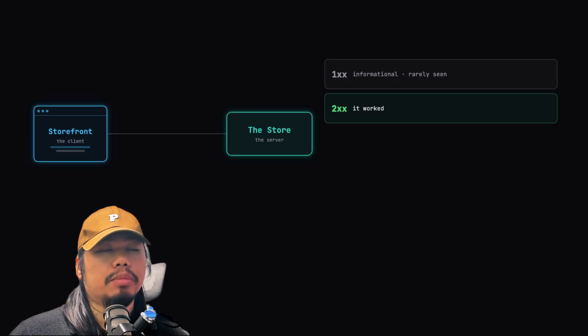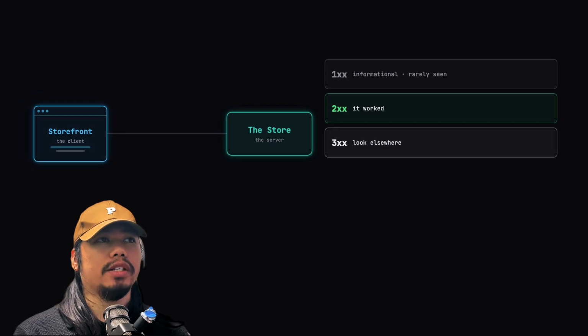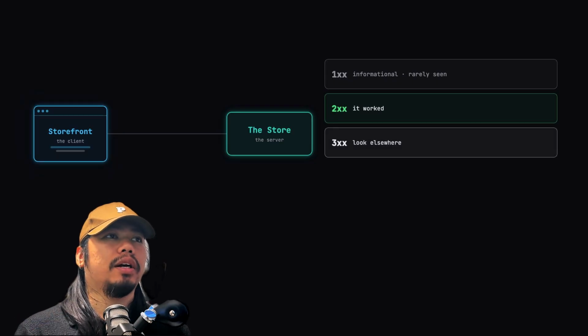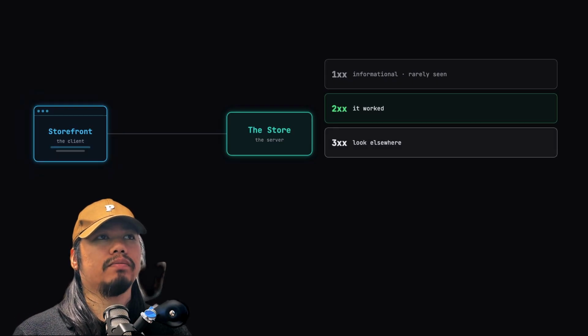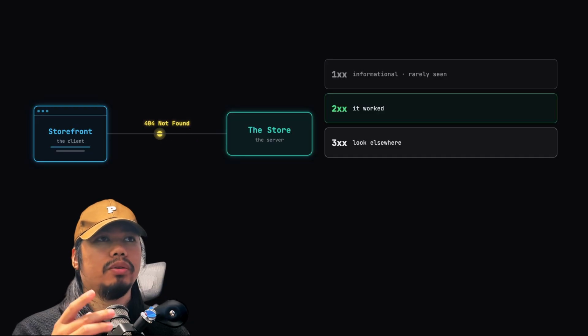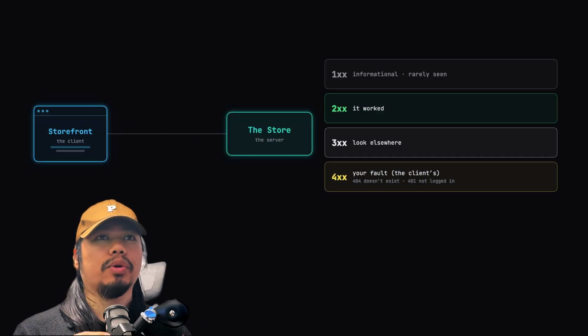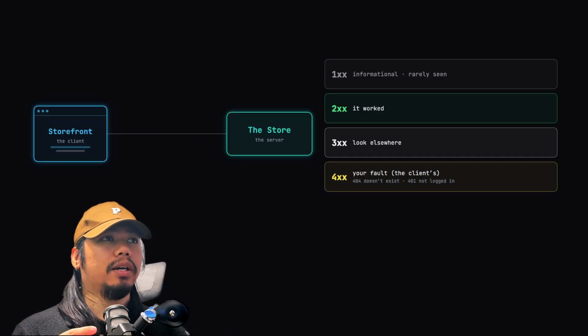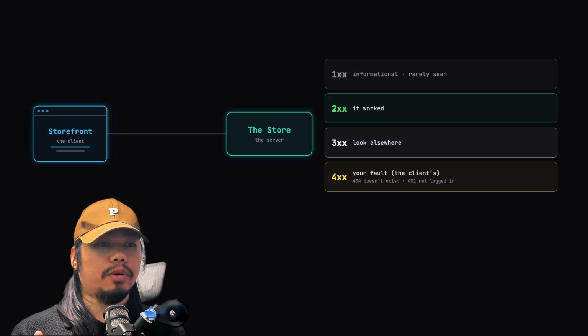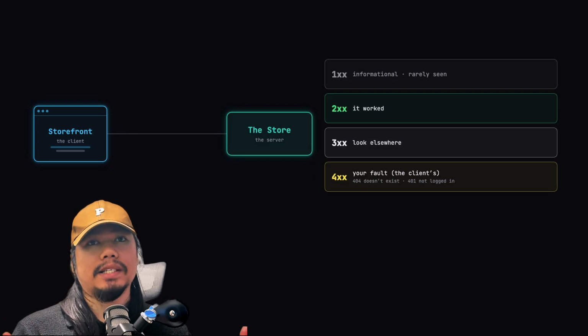200 means it worked, and 300 means somewhere else, a redirect. 400s are your fault, the client, the one who's requesting. For example, a 404 means it doesn't exist.